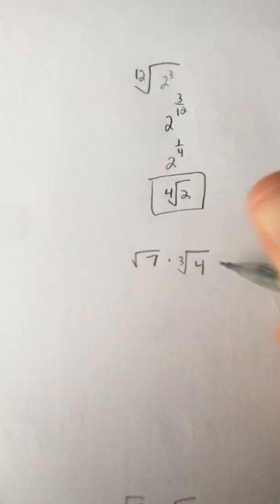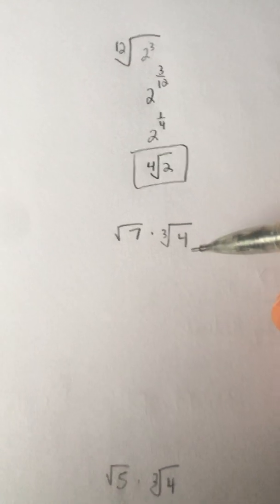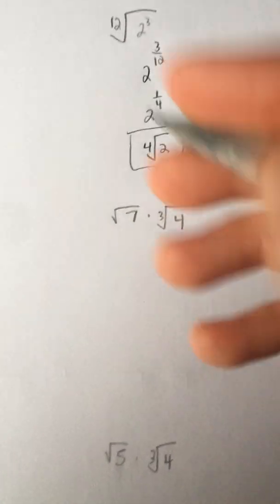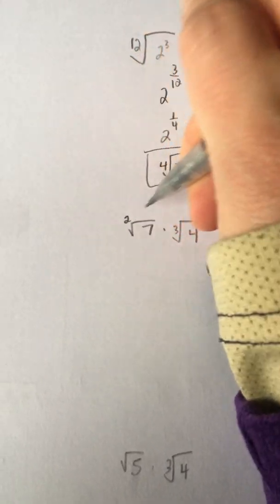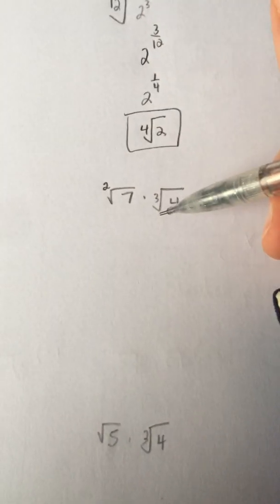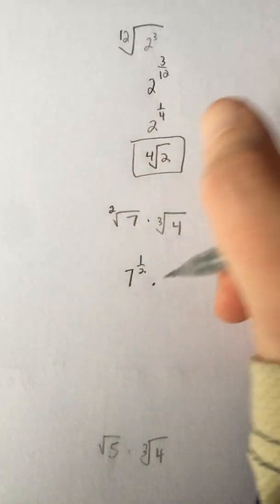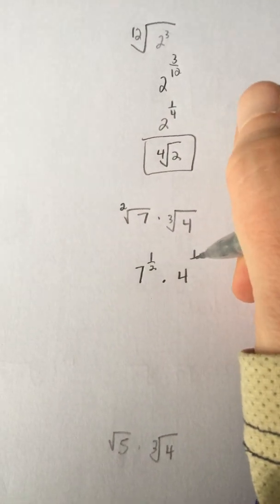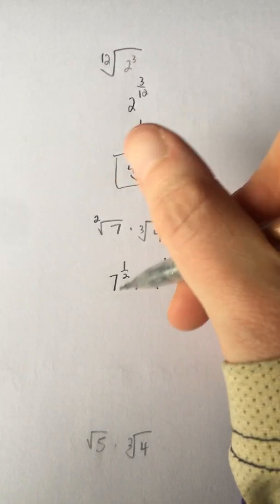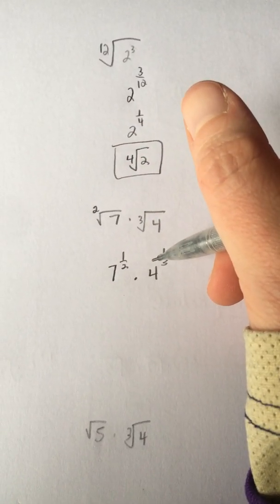So like the multiplying one that we did either yesterday or earlier today. I can't multiply these together because they don't have the same index, but how would I simplify? Because the directions are different. When it says to simplify, you actually have to do some work. So I have to write this as 7 to the 1/2 times 4 to the 1/3. And I know they don't have the same base, and that's okay, but what I am trying to do is write these with the same root.